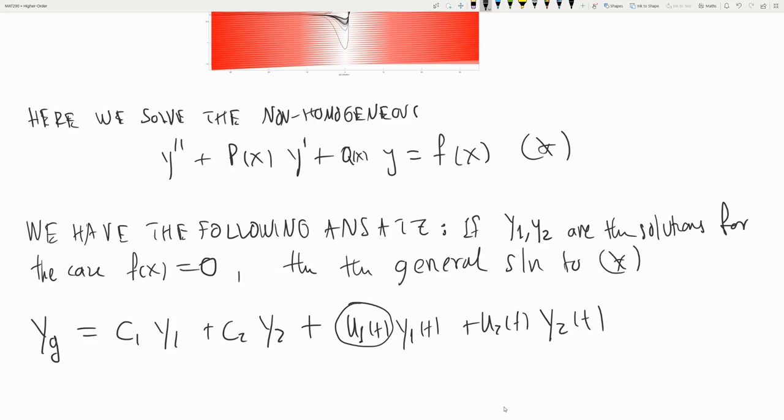And we will identify these two functions the same way we did in reduction of order.